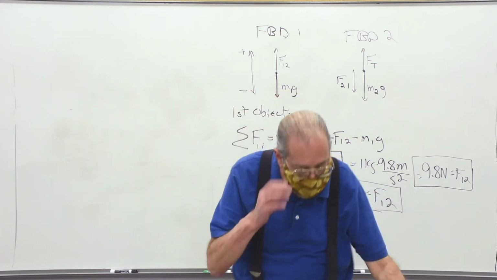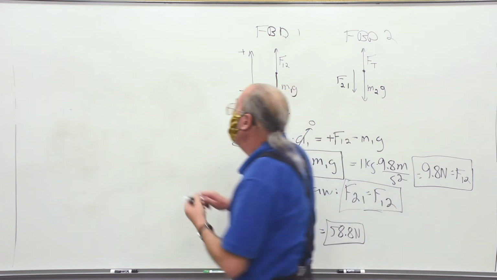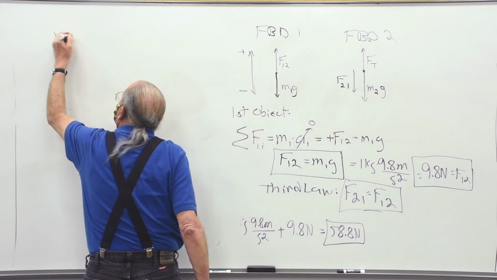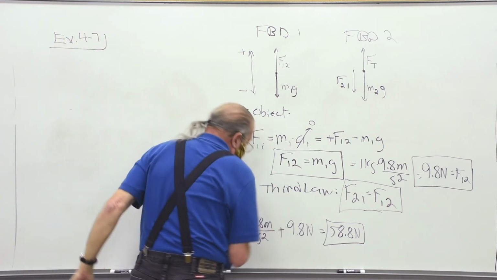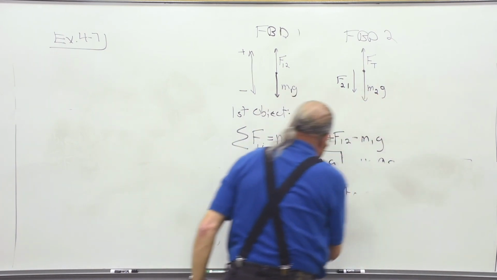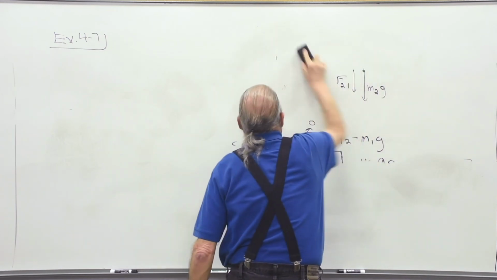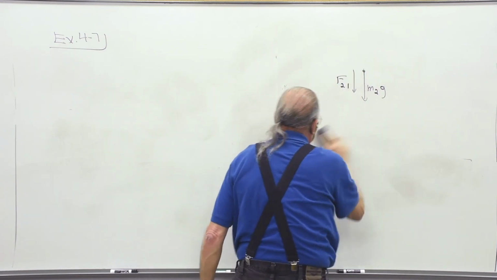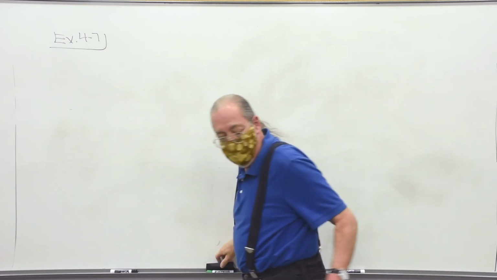Or I think as the text does it, let's do example 4-7. It's an accelerated problem. What we've got here is a box, always the box, the mystery box.